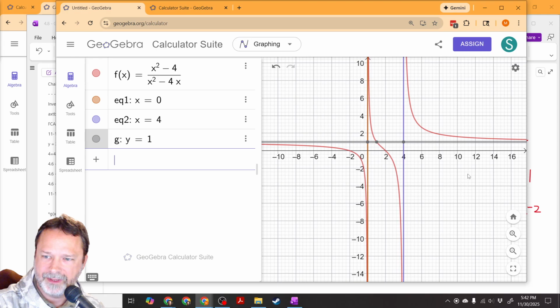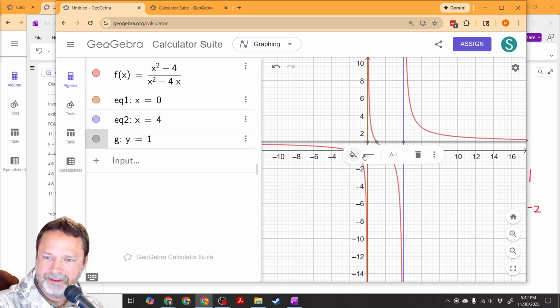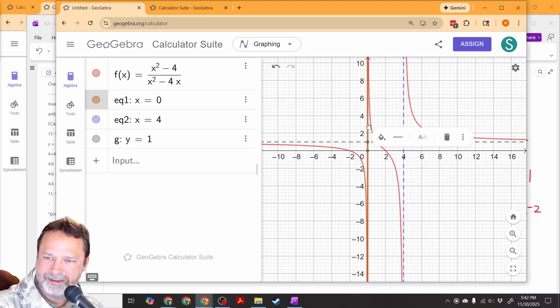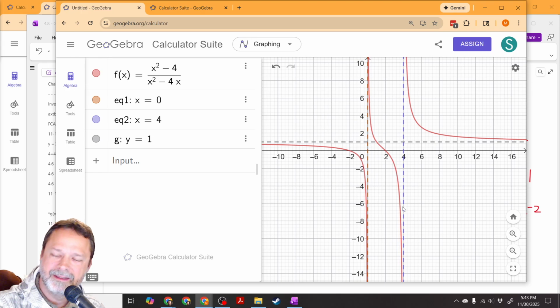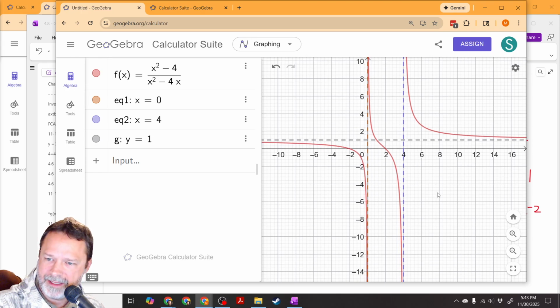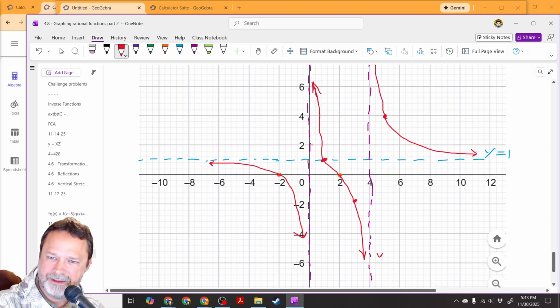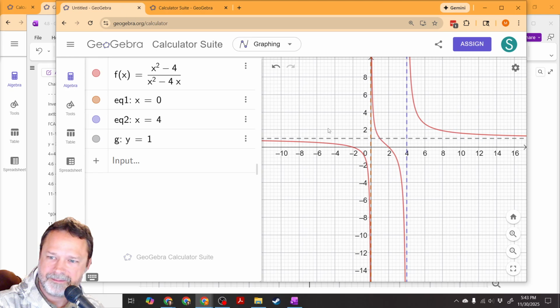So we've got all those asymptotes in there. We can see our graph here in red. Look at that. So that's what it's doing. We got it right. We did pretty good. It is definitely doing that. This is a much better little sketch than mine, but you get the idea.